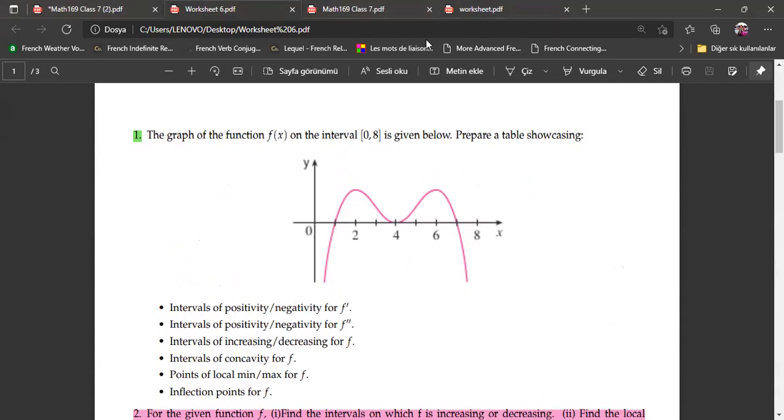We already know that if f prime is greater than 0, the function is increasing, and if it's less than 0, the function is decreasing, right? We already have the graph, so using this info we can determine on which interval the function is decreasing or increasing. So you see the function is increasing. Let's note here.